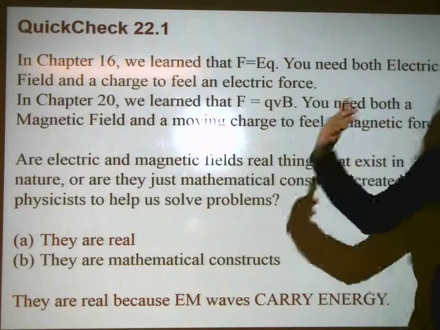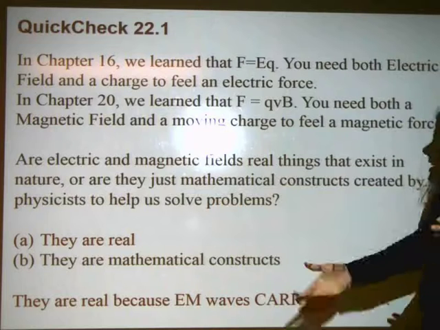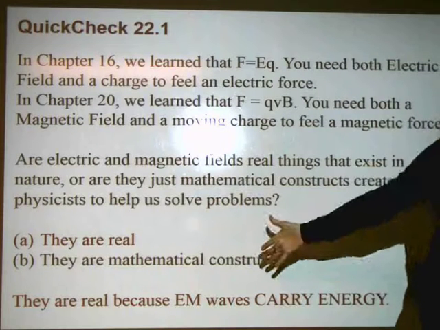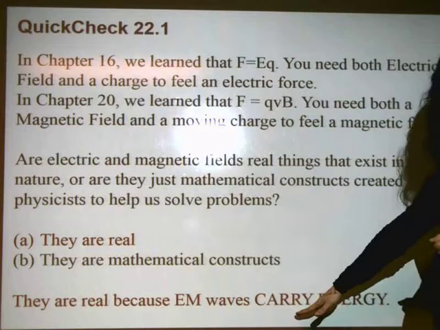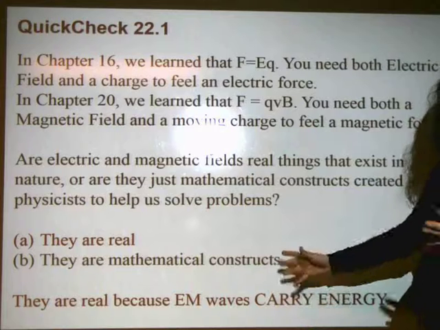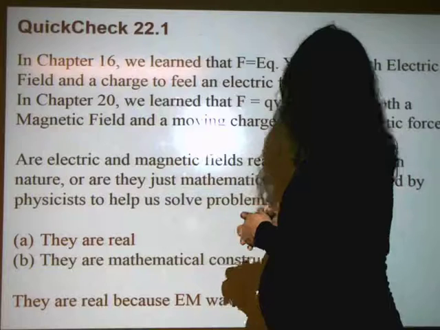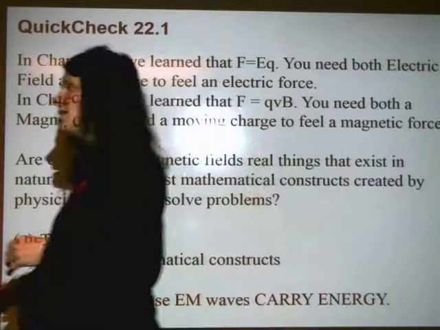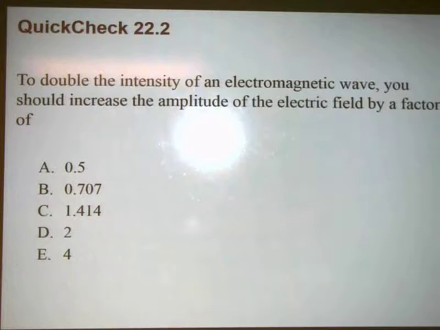The radio waves coming from your radio tower have to be transmitting energy, otherwise how would they make an antenna receive it and play radio waves on your radio? So the fact that these electromagnetic waves are carrying energy is proof that electric and magnetic fields are actually real things. They're not just things that I made up to make your life more difficult.